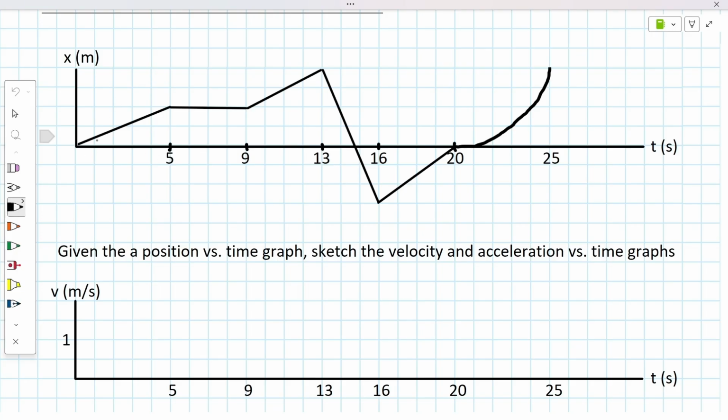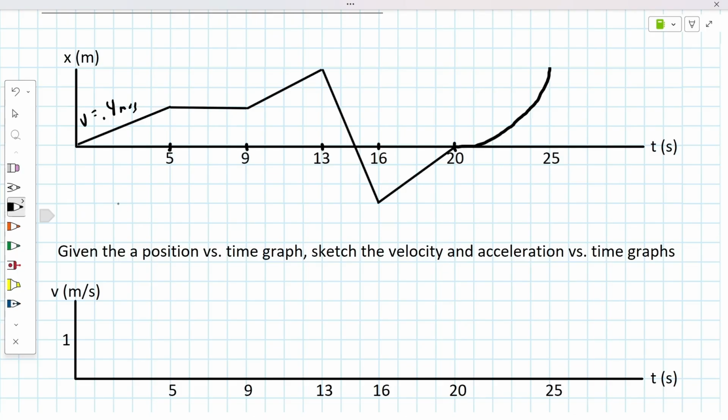We already found these slopes in the previous problem. What was this first one actually? This one was 0.4 meters per second. So we know that's the velocity already because we found what the slope was.